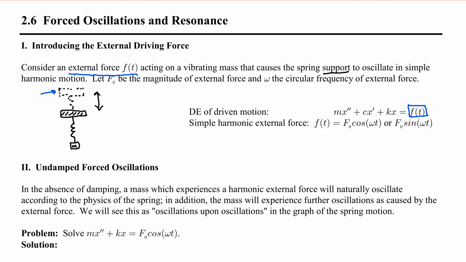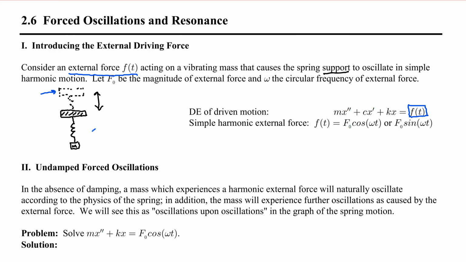Now, a little more detail to the functions that we're going to consider in this section. F of t will be modeled as a harmonic oscillator, either F naught times cosine of omega t, or F naught times sine of omega t. So as the mass oscillates up and down based on the natural physics of the spring, it will also experience further oscillations based on the external harmonic forcing function.